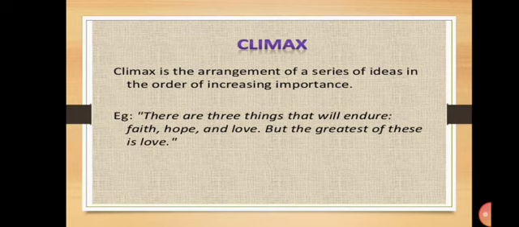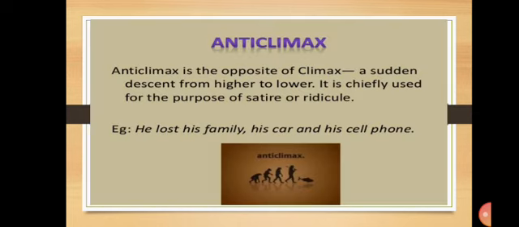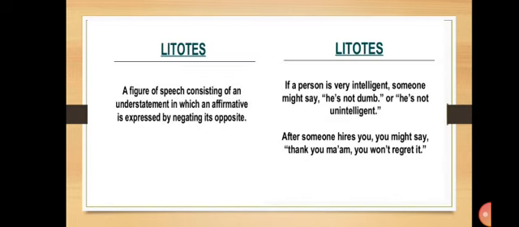Love is the greatest. There is a very famous statement by Julius Caesar: I came, I saw, I conquered. So he came to a place and he saw what the situation was, and then by understanding the situation, he conquered the place. That is also an example of climax.